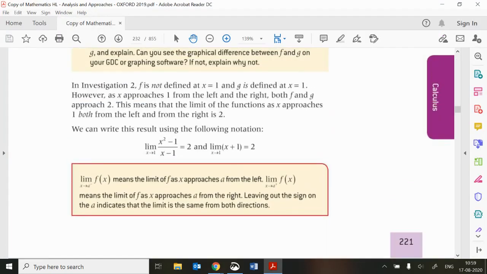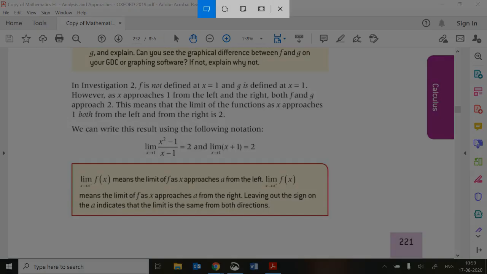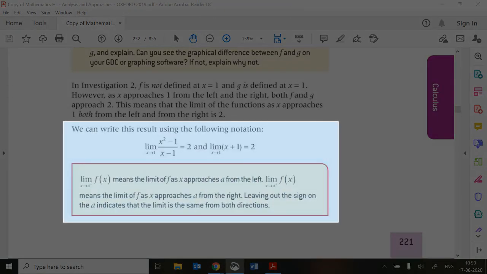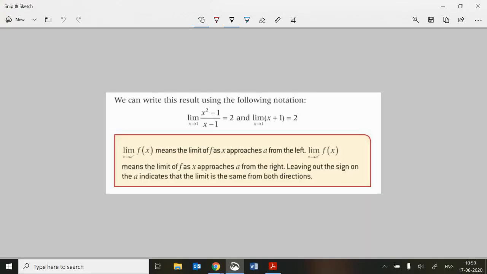So here we go. Let's just steal this thing here. And there's kind of definitions. So this is a kind of odd situation which we've got. This goes against what we've been talking about before. So this is kind of new. It's talking about what's the limit as x tends to a.